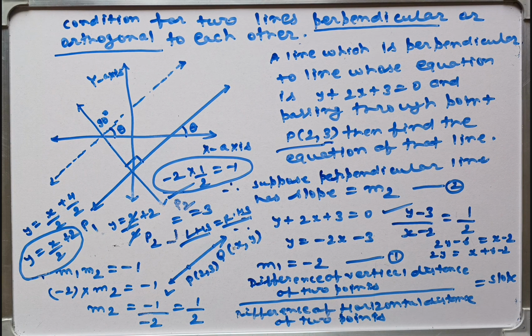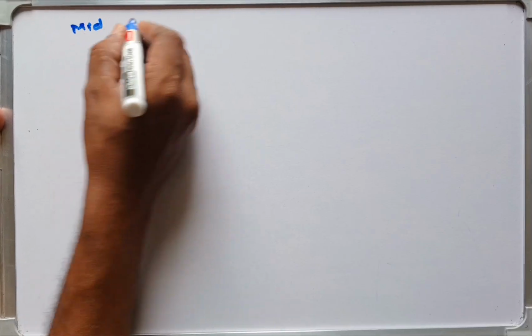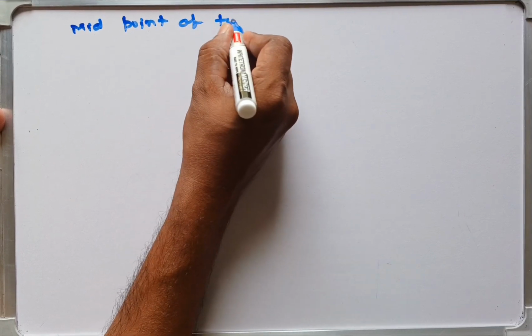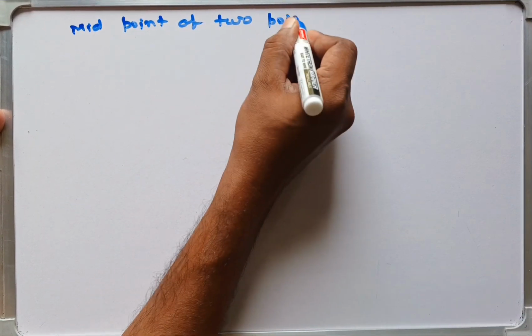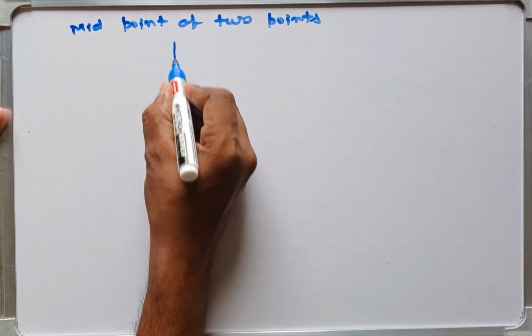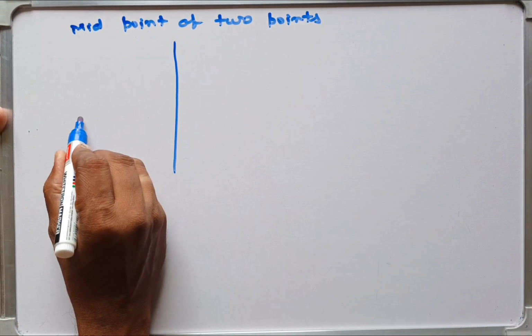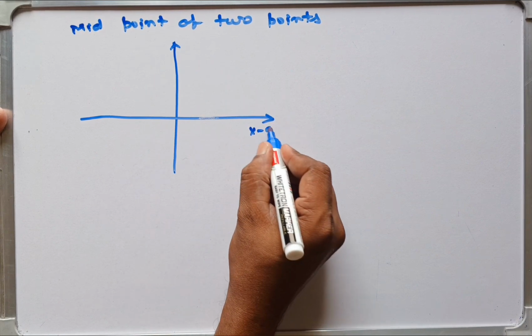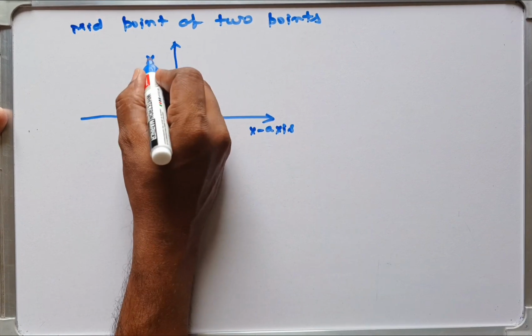Okay, next we see how to find the midpoint of given 2 points. Okay, see here, this one is the vertical axis and this one is the horizontal axis, the x axis and y axis.